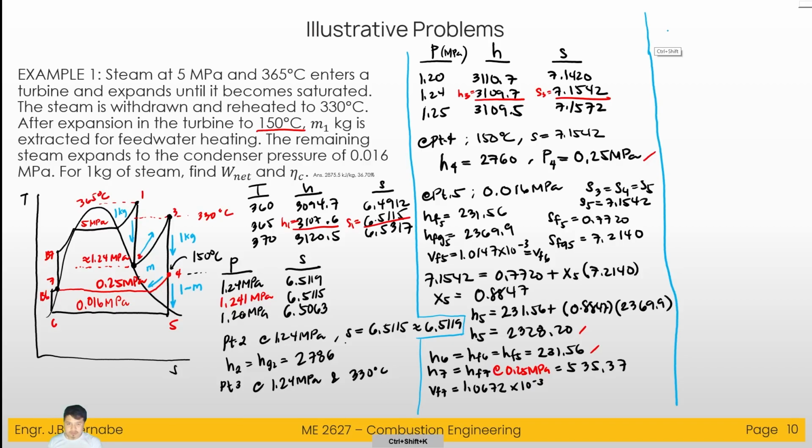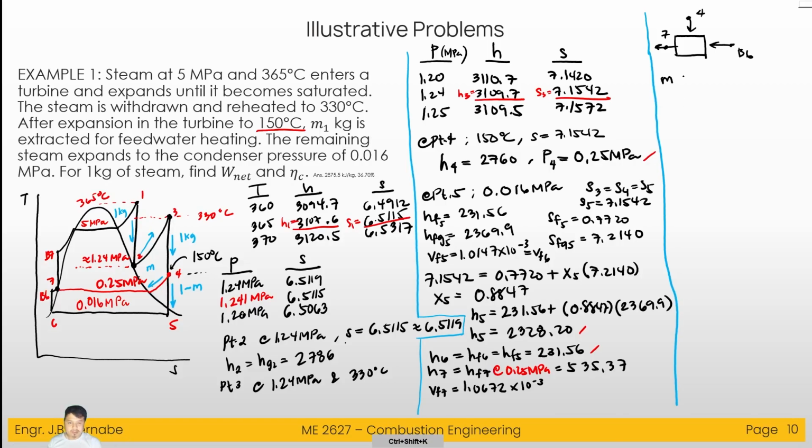So to solve for M, if you get confused, we can just write here the open heater. Just remember that this portion is usually the open heater, no? What enters here is B6, so this is point B6. This is point 4, and this one is point 7.